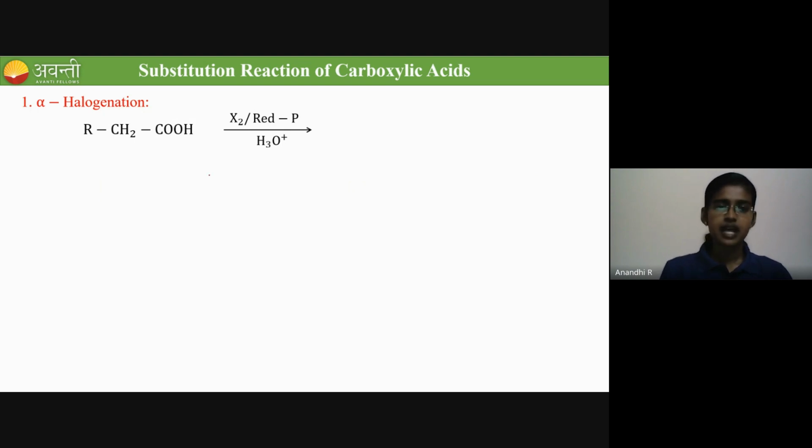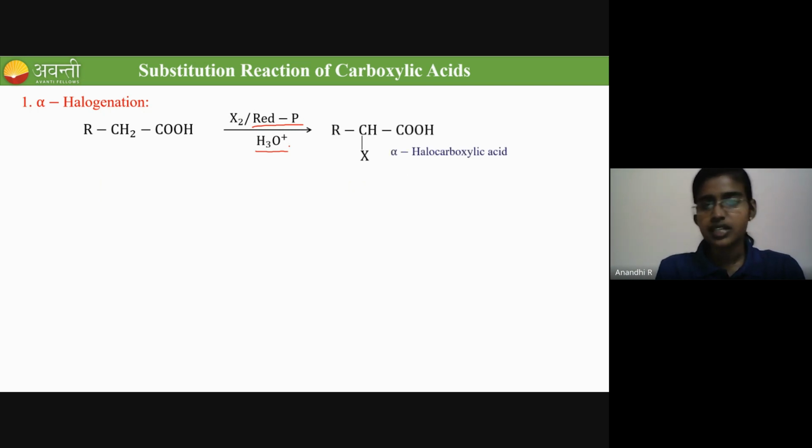X is halogen. It is Cl2 or Br2 in presence of red phosphorus and in presence of acid. We are getting a compound. What is this? It is alpha halo carboxylic acid, and X can be chlorine or bromine. Why is it called alpha halo?